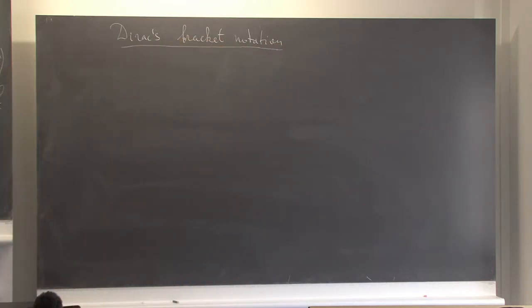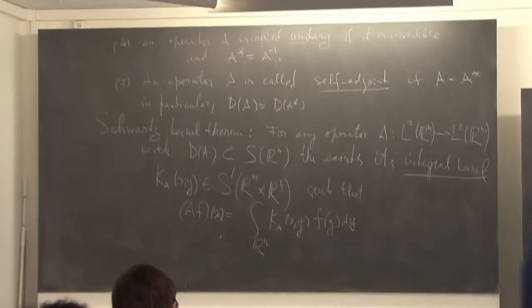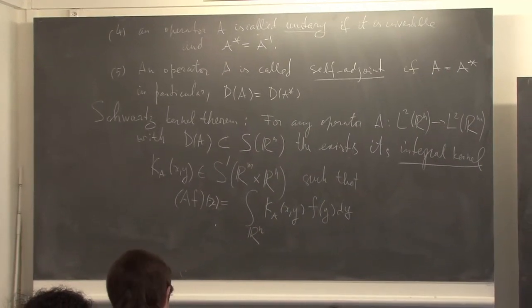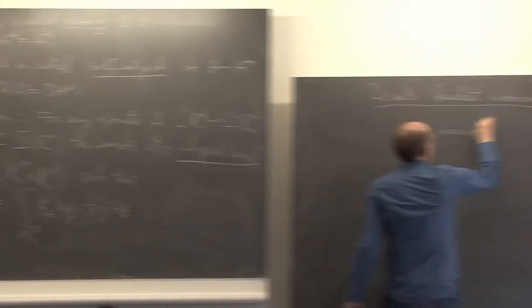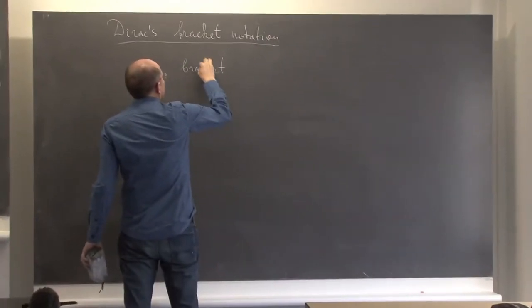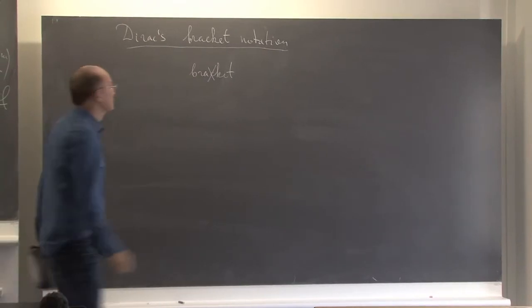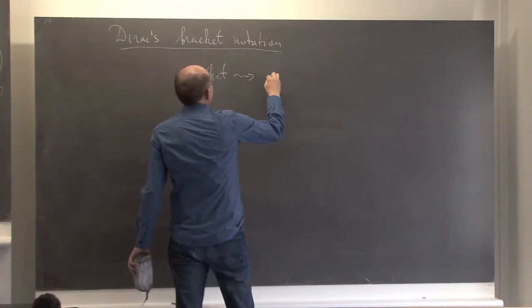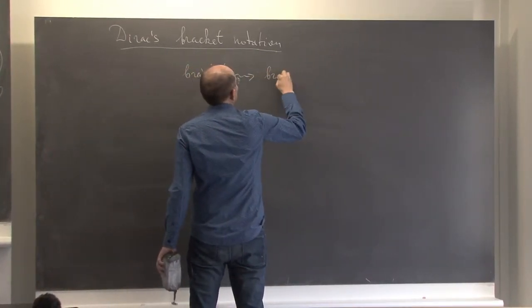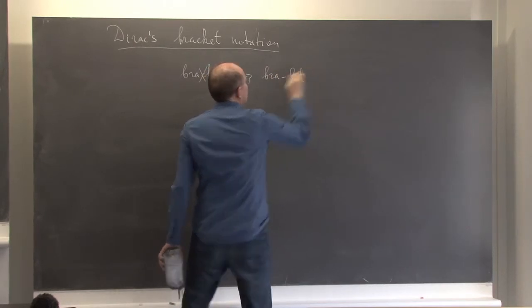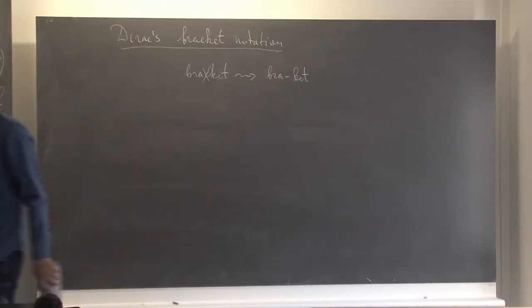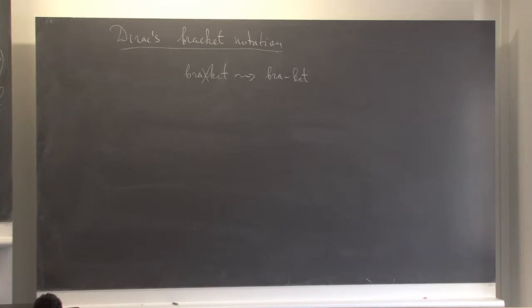So the idea of this notation is the following. You take this word bracket, you cross out the middle word and replace it by a dash. Okay, so that's the first step. But it is a joke, of course.